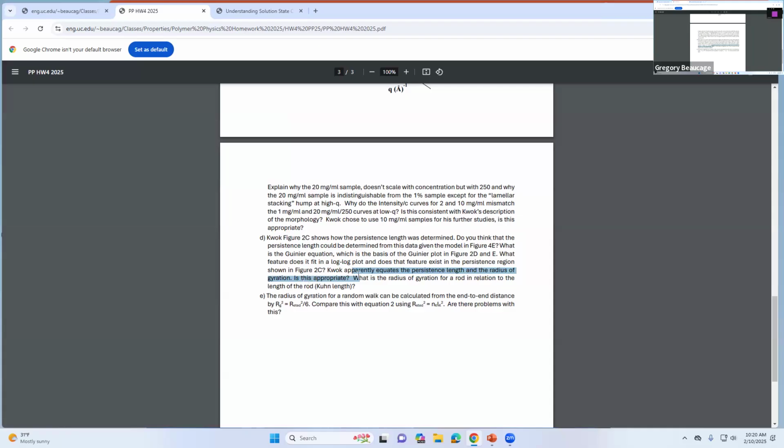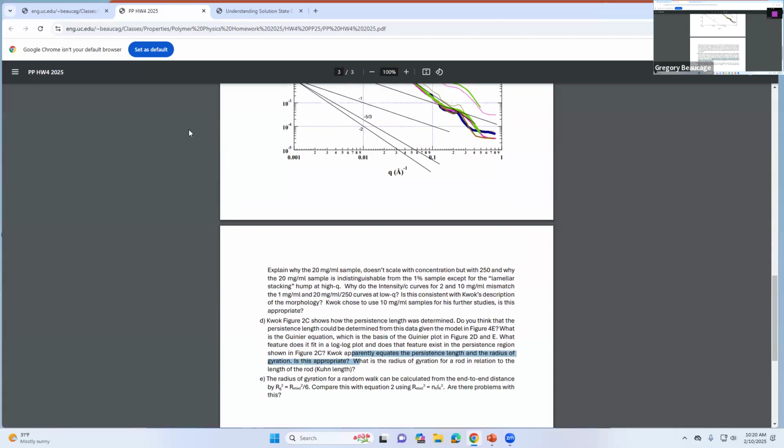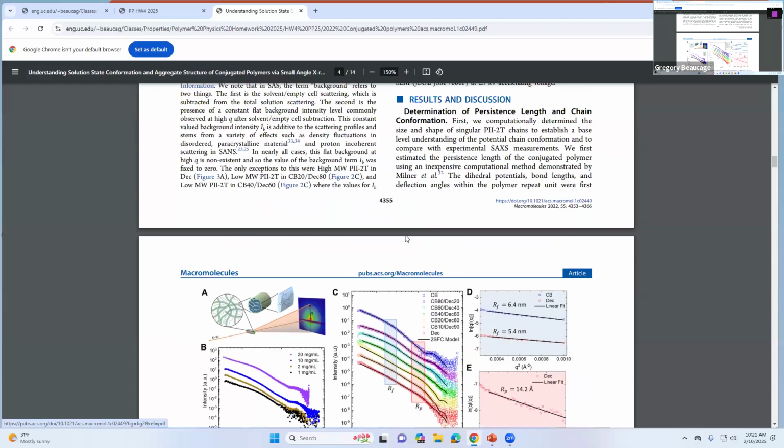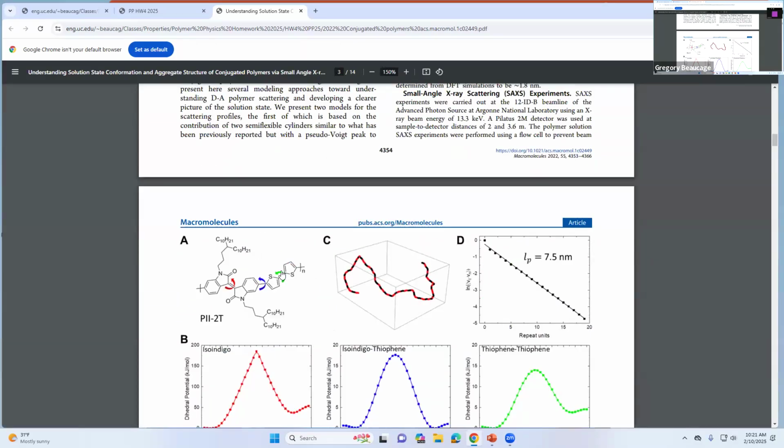The other thing is that he's just directly picking from the radius of gyration that he gets from that Guinier plot. And the radius of gyration isn't the length of the rod, right? In fact, the relationship is a square root of 12 between the two. So it's a pretty sizable difference. Then he takes that radius that he gets here and compares it back with the radius he got from this thing, which is also messed up.